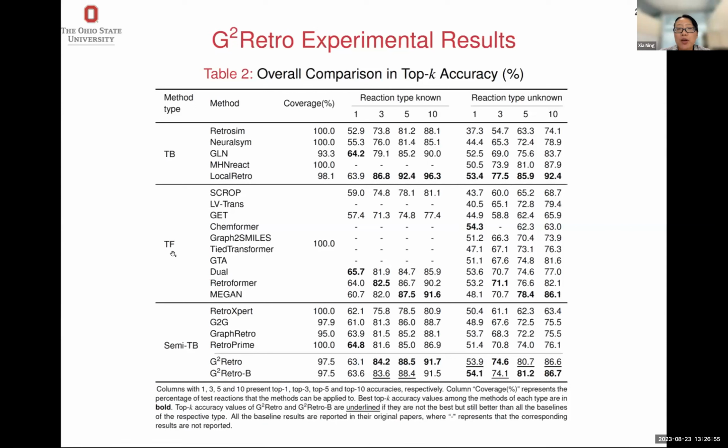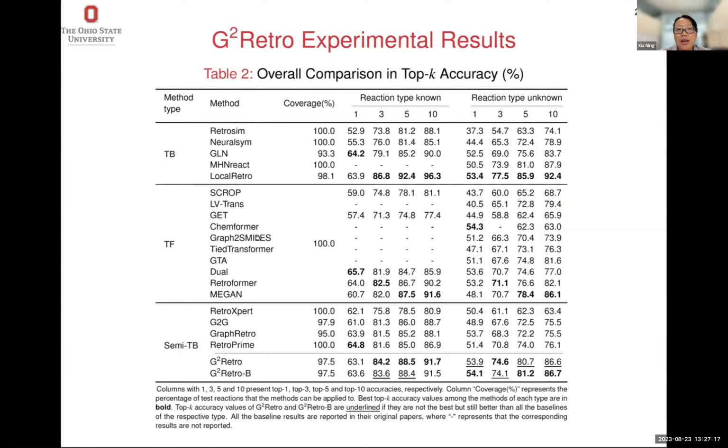And the template-free method, meaning that we don't really utilize any templates, and we just start from the product and come up with the reactants. Probably as the names suggest here, many of them are based on transformer methods. This is because the molecules can be represented as a SMILES string.